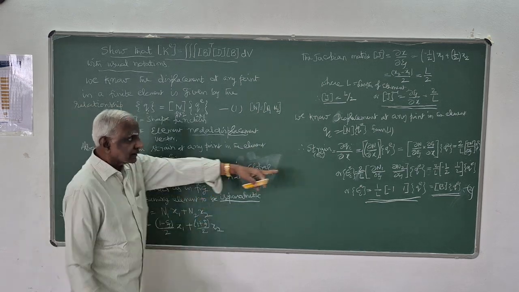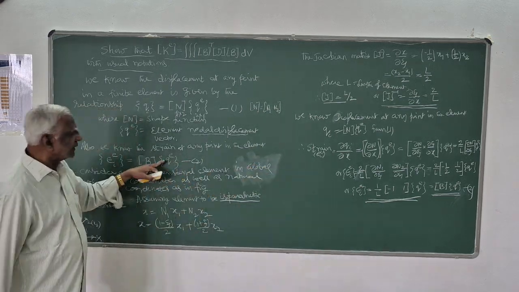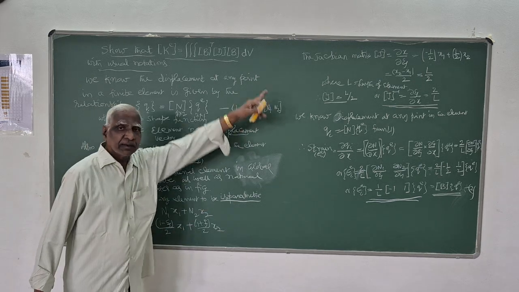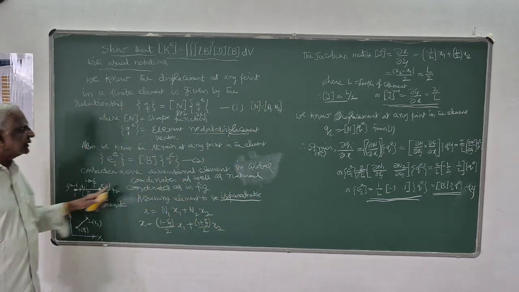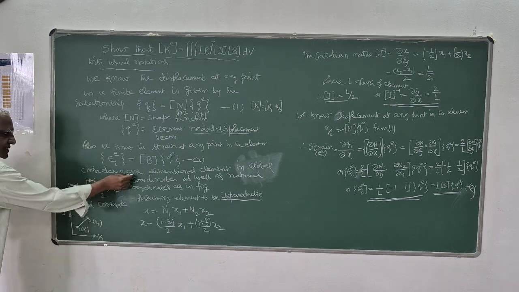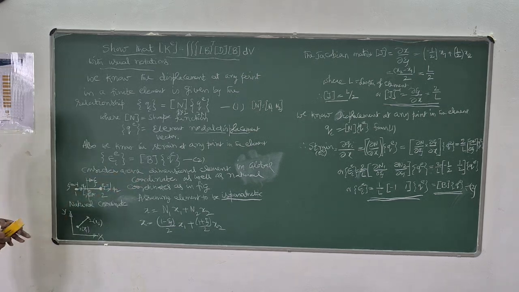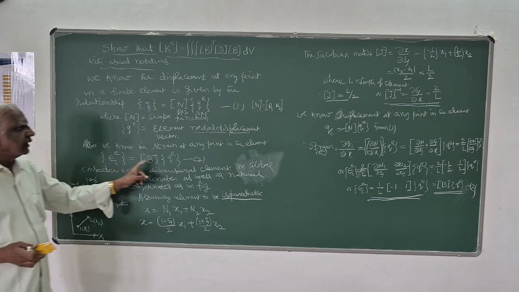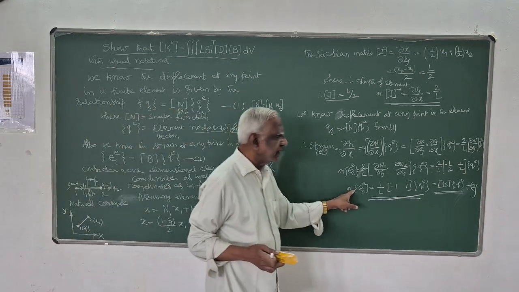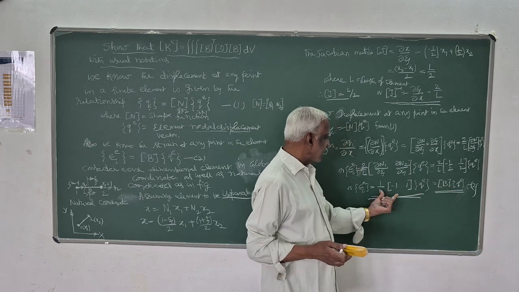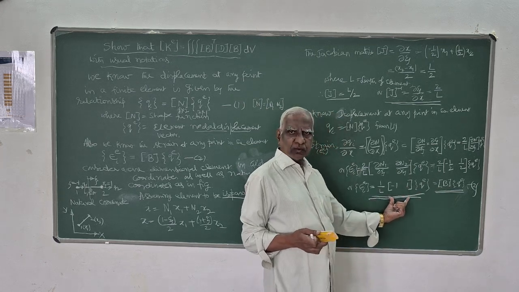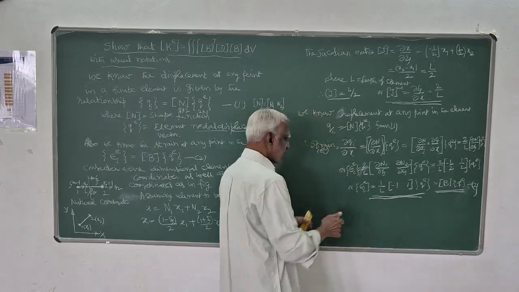This I am calling as 2. So this relationship I have derived from the isoparametric concept. But I have considered the example of a one-dimensional element. So I have shown epsilon I can be written as B into QE, where B is given by 1 by L into minus 1, 1, which is a constant quantity.